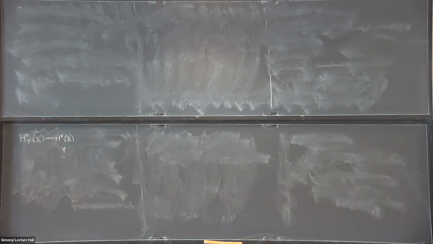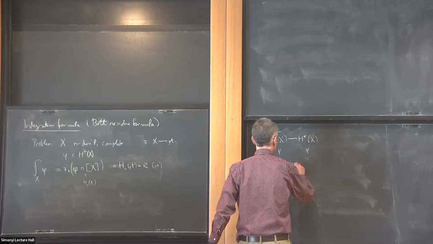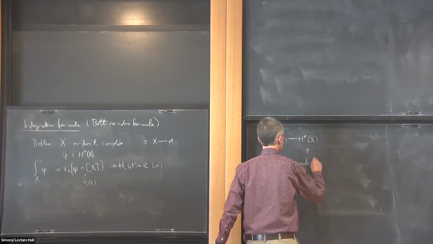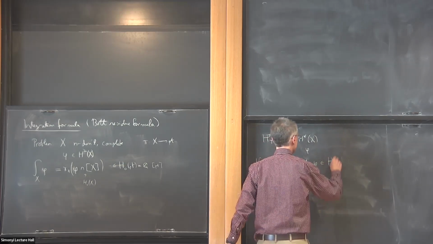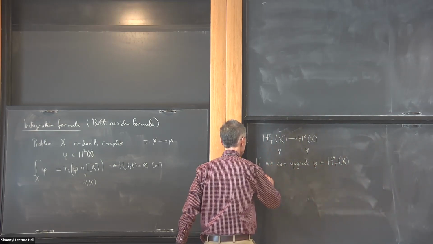So under favorable circumstances, we could upgrade phi to be an equivariant class. I could decorate this with a T, but let me just call it phi again. And so if we can upgrade phi to be in H star T of X, then we can use localization.